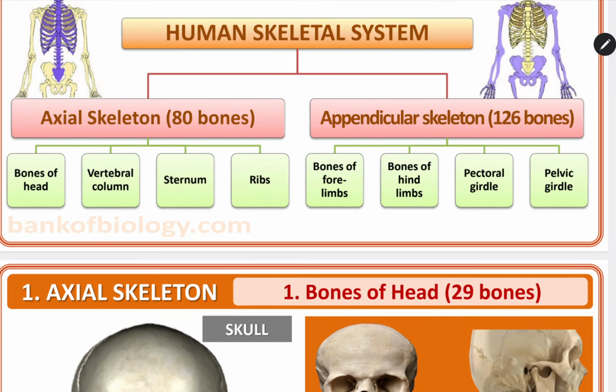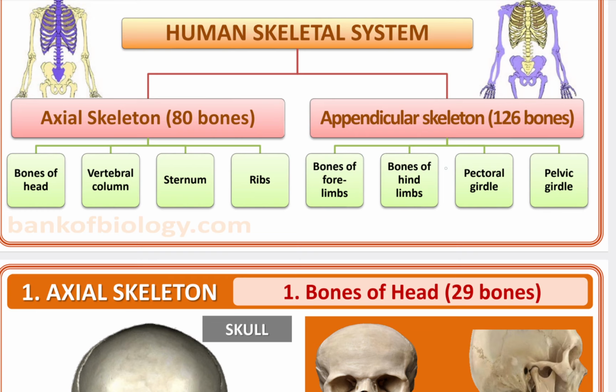First of all, the human skeletal system divides into two different skeletons: the axial skeleton, which has 80 bones, and the appendicular skeleton, which has 126 bones. The axial skeleton consists of the bones of the head, vertebral column, sternum and ribs.